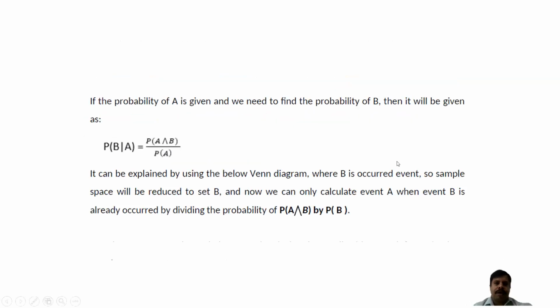Now if the probability of A is given, and you want to find out the probability of B, then it will be given as P of B by A is equal to P of A joint B divided by P of A. That means here the conditional P of B by A means the probability of B is to be calculated when probability of A is already given.